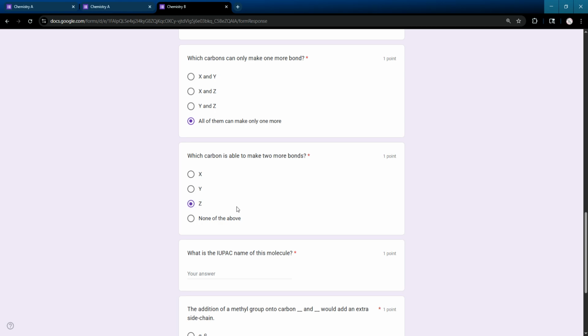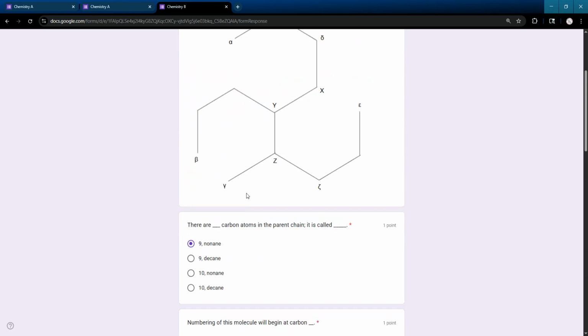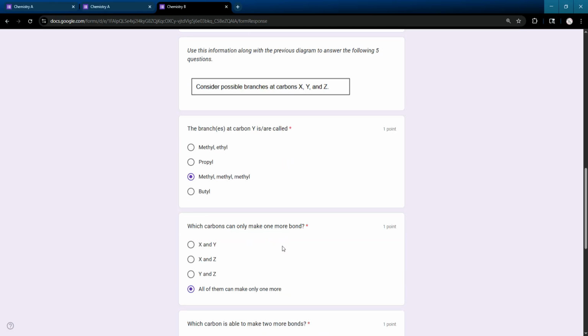Z, because I was looking at the Z, could make two bonds.